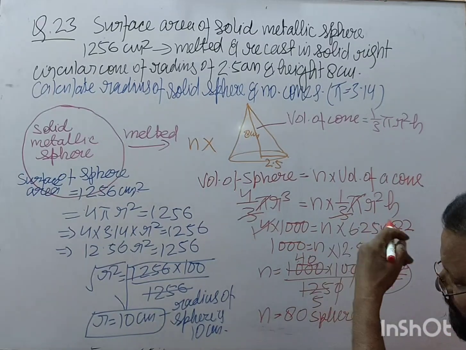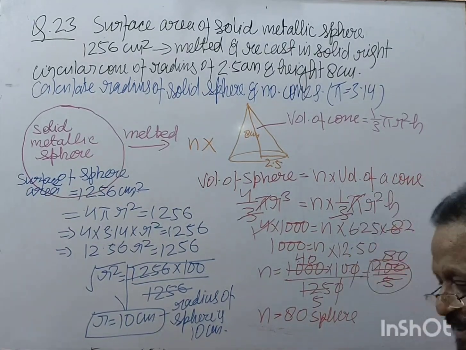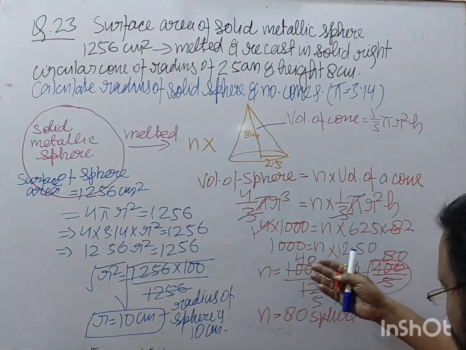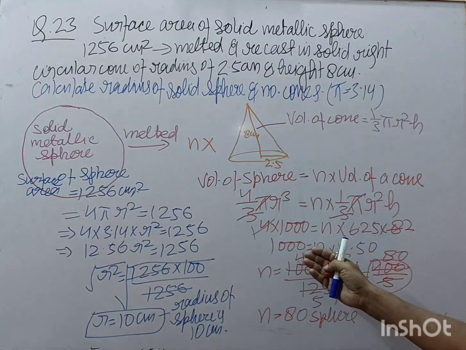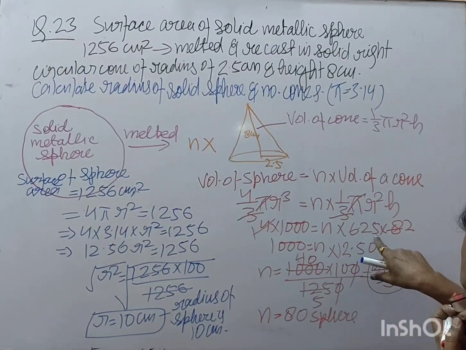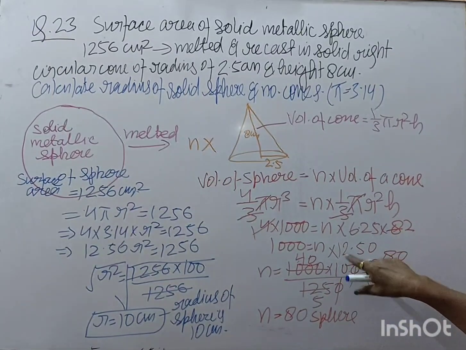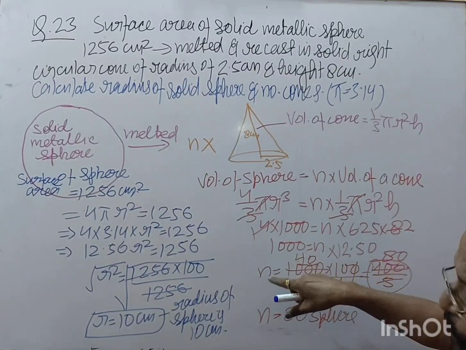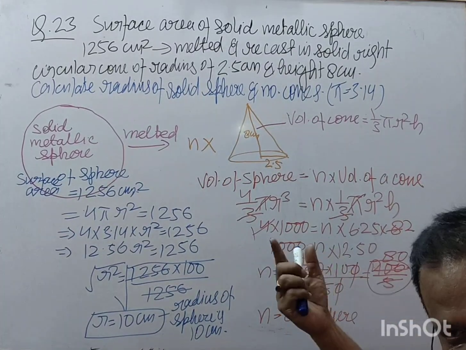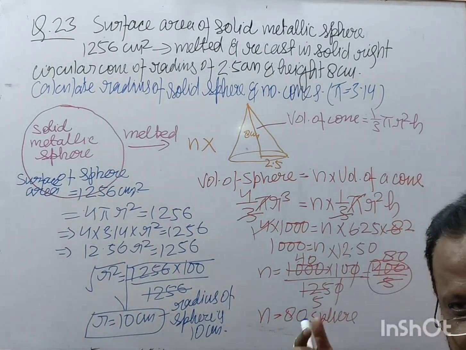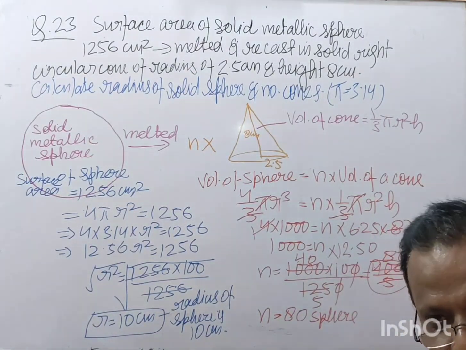Before solving this, it came to my mind that the number will be 80, but somehow I got confused. When I looked at this, 6.25 into 2 is 12.5, and 12.5 into n is equal to 1000. I had in mind that there will be 80 because 125 multiplied by 8 becomes 1000.